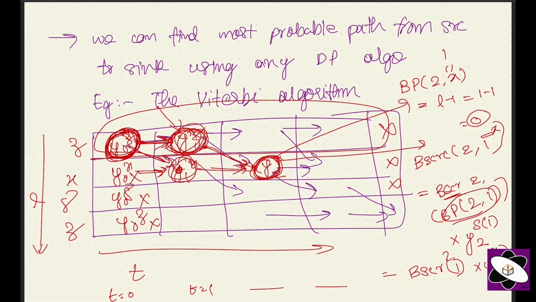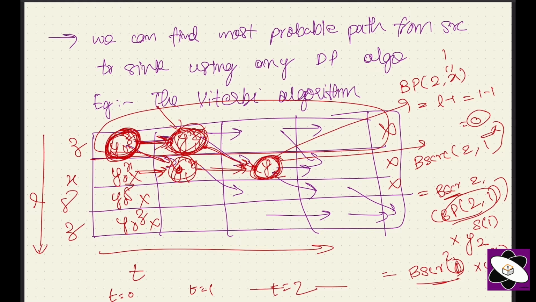So b score of 2 comma 1 is how much, and that is nothing but b score of 1, whatever we are getting, it's nothing but 2 comma 0. So b score of 0.